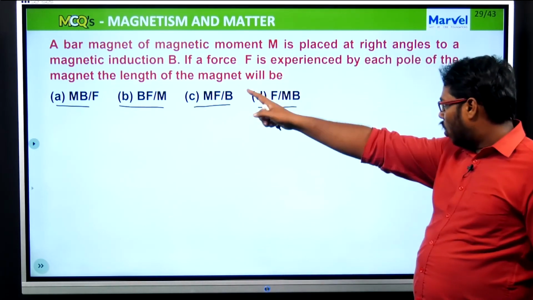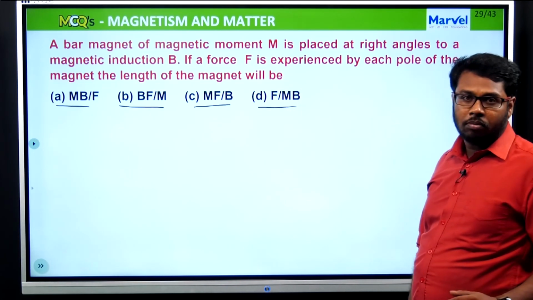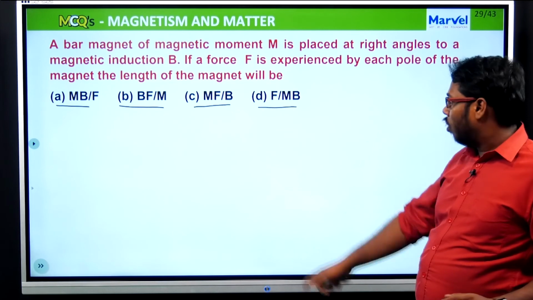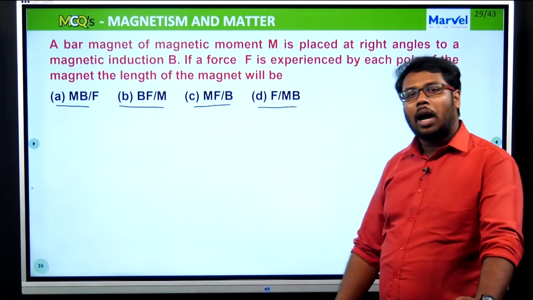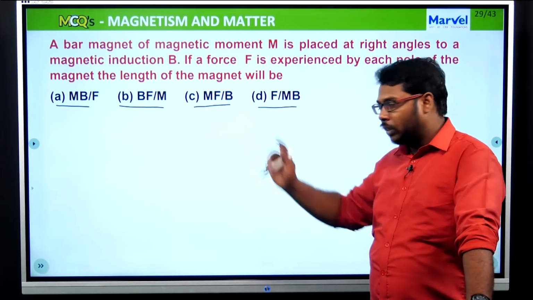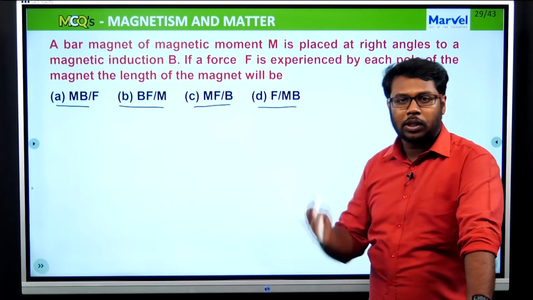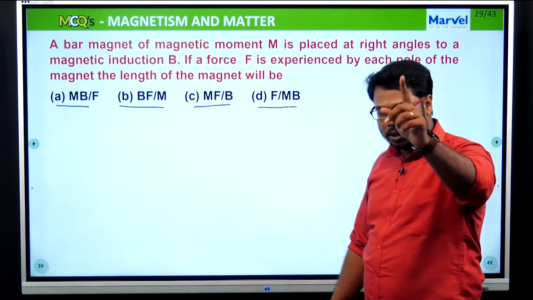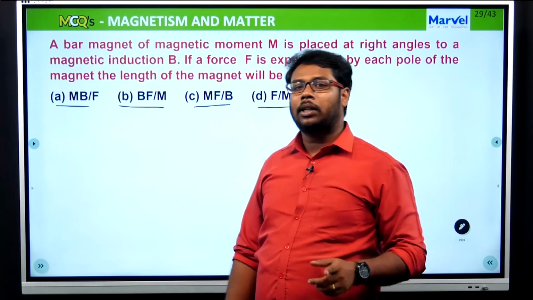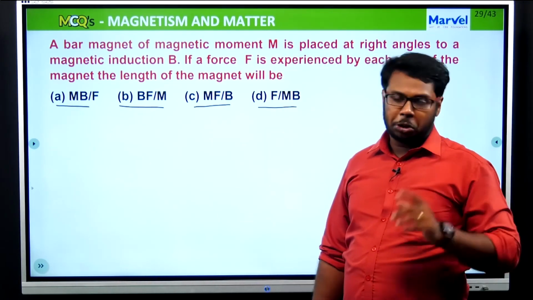All the four options have their own dimensions. In case you face such a problem in your examination and you are unaware of how to start, there is one simple trick that will help you to answer it without even calculating. That is finding the dimension.